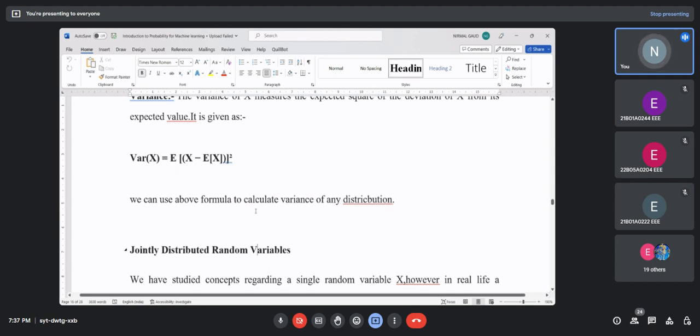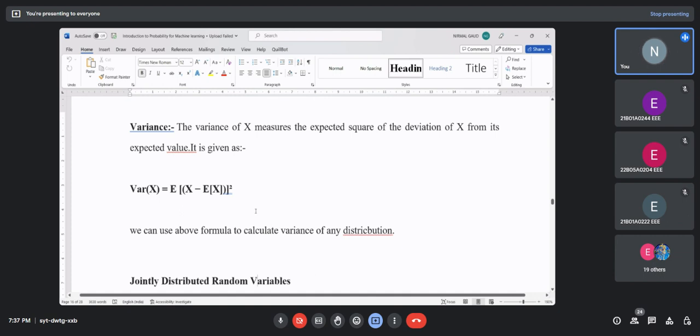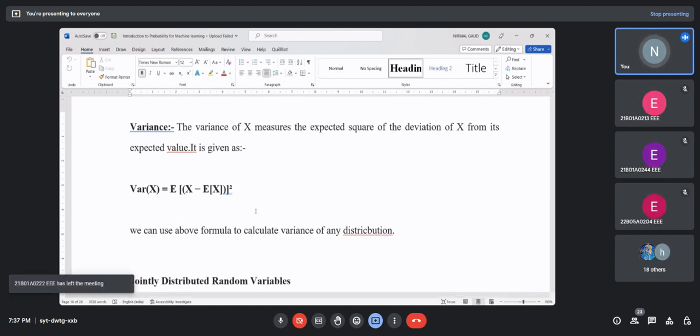You should remember that if someone asks what variance is, you say it is a measure of the expected square of a deviation.